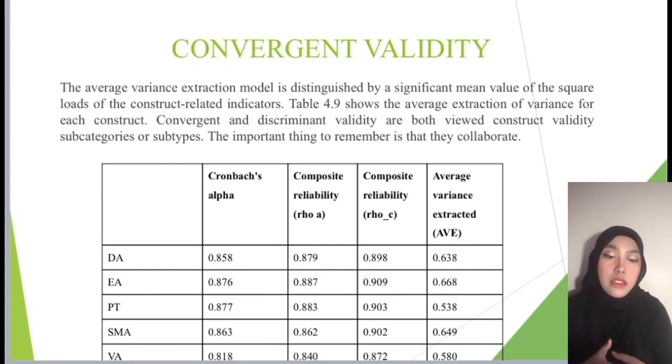The important thing to remember is that they collaborate. As we can see, the AVE recorded for display ads is 0.638, email ads 0.668, power tool 0.538, and social media ads.